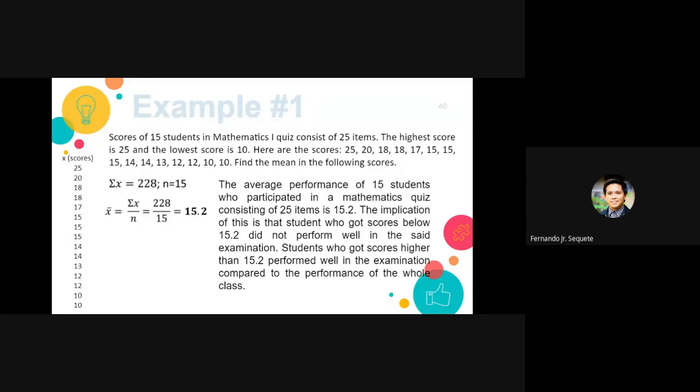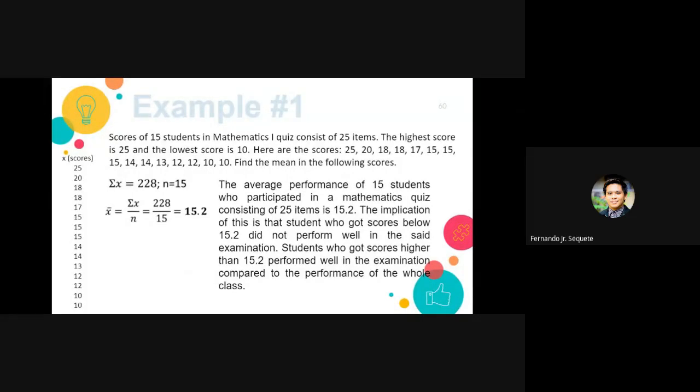Okay, so again, for the interpretation, please try to look at and understand the template. Probably you can use that as your template in analyzing your data or your result. So if we look at the average performance of 15 students who participated in a mathematics quiz consisting of 25 items, it is 15.2.